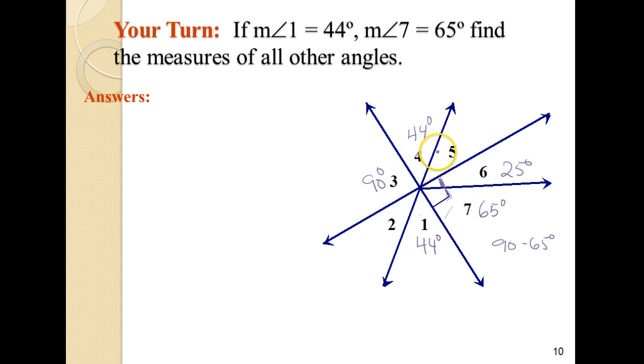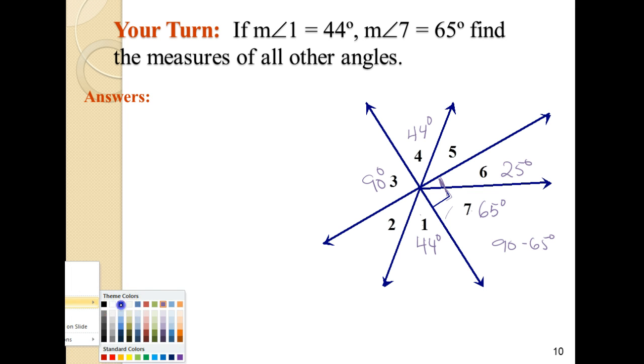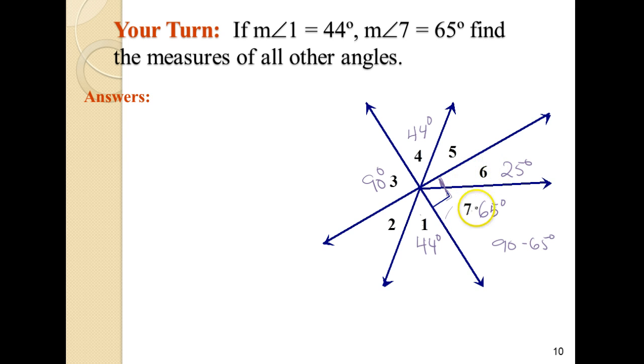Now 4 and 5 are also complementary, so let's switch colors. Angle 6 and angle 7 were complementary, which means they will add up to 90 degrees.